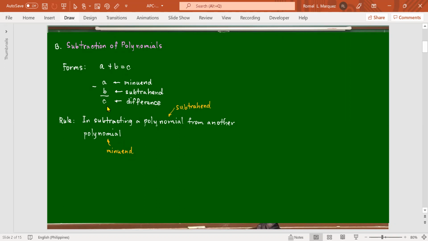Yan. Again, as a rule, in subtracting a polynomial from another polynomial, change the sign of every term of the subtrahend, and then proceed after doing that to addition of polynomials.